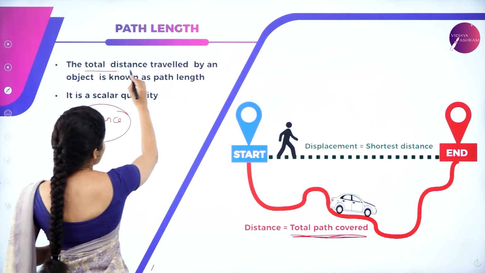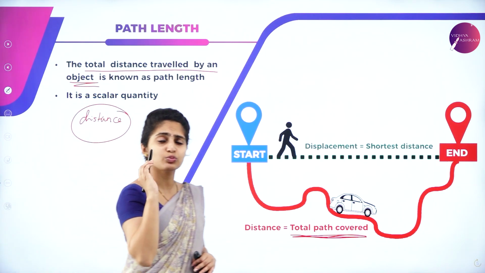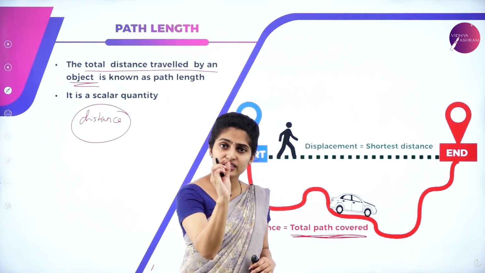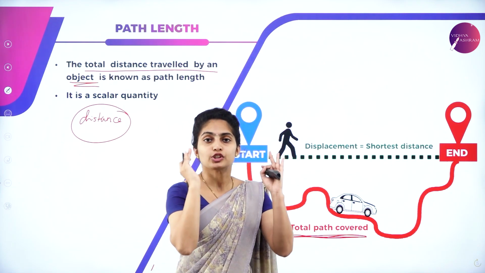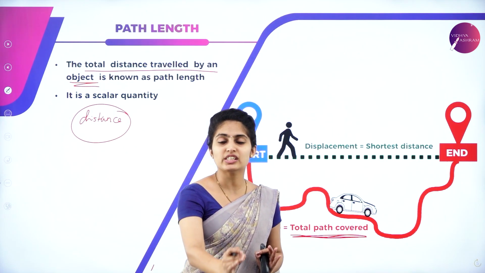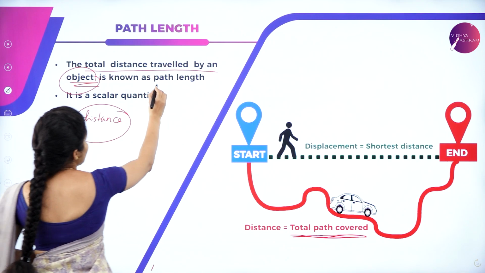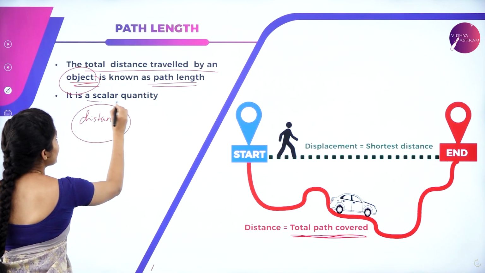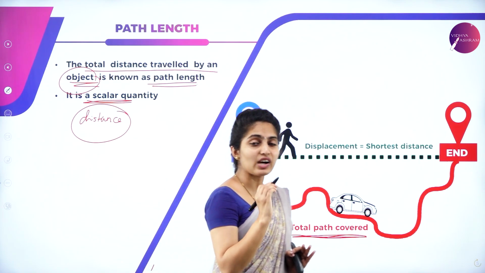That is the total distance traveled by an object, the complete distance without subtracting even a little bit of the distance. The total distance traveled by an object is known as path length. It is a scalar quantity, not a vector quantity.